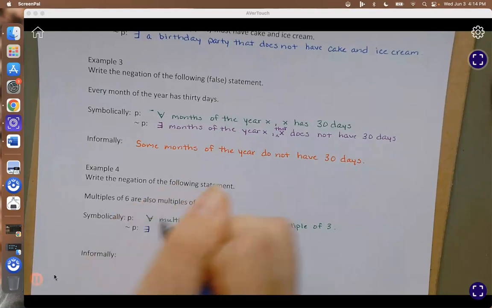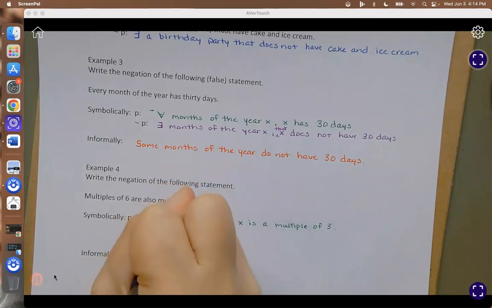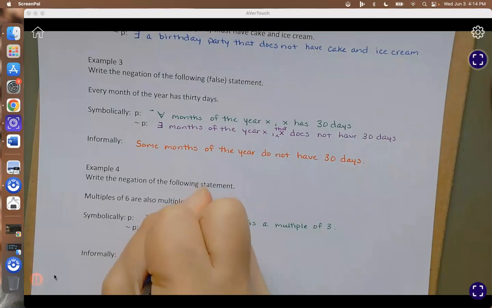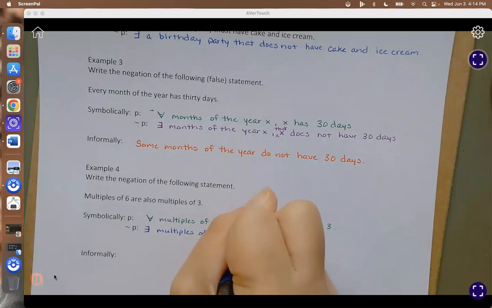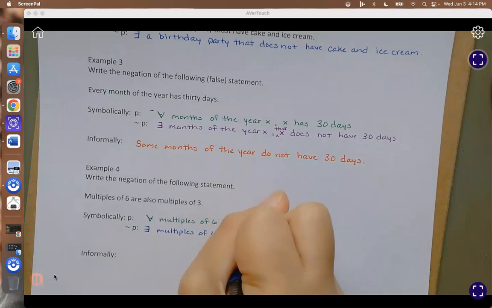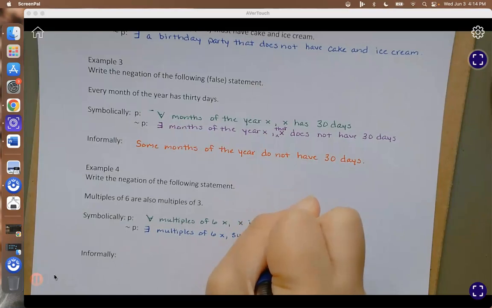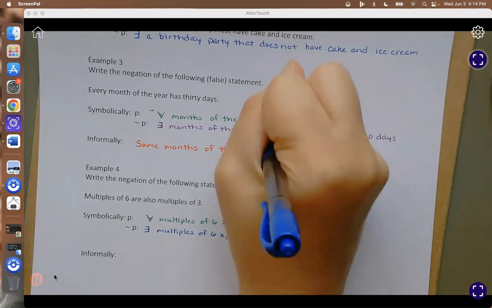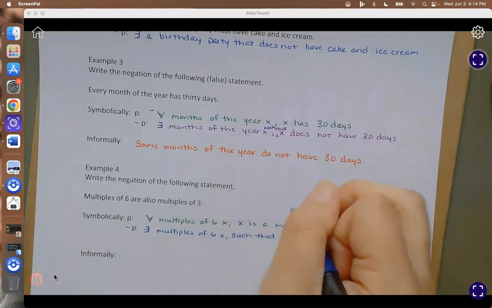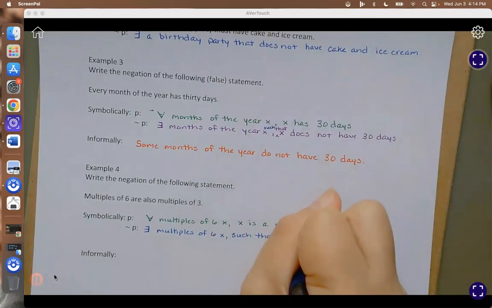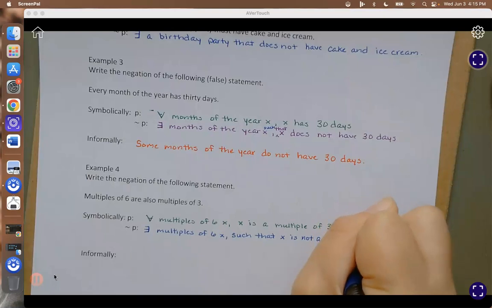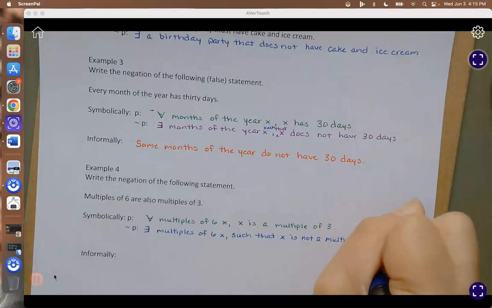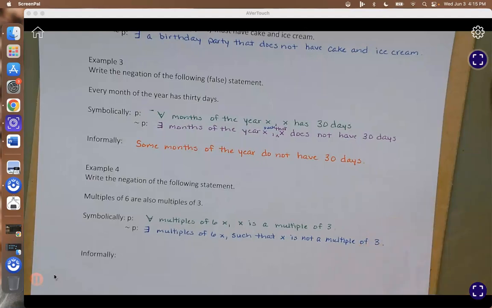The negation: there exist multiples of 6 x such that x is not a multiple of 3.